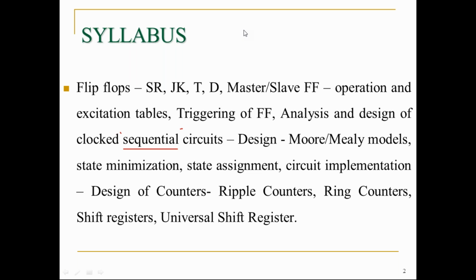Flip-flops are digital switches with memory capacity or memory features. So we are going to discuss flip-flops and their classifications: SR flip-flop, JK flip-flop, T flip-flop, D flip-flop, and then JK master-slave flip-flops.